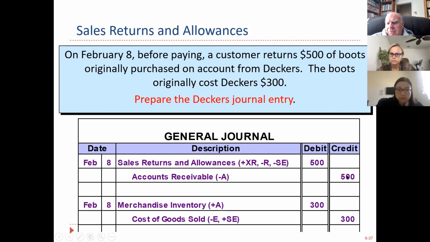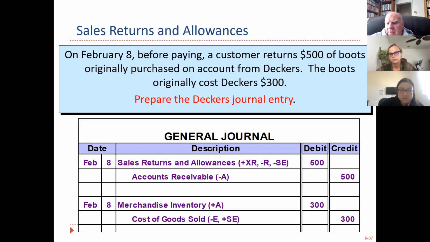If you return boots to my shoe store, do I then say you have to pay the $500 for them? No, you returned merchandise to me for credit. You bought a toaster, and the toaster didn't quite work right, so you brought it back to the store, and we say, okay, we'll take it back.